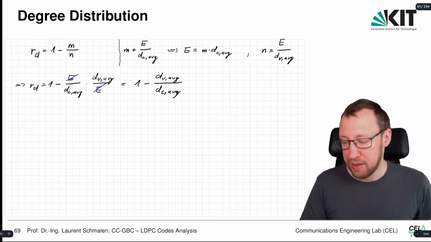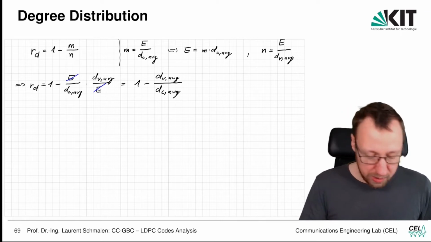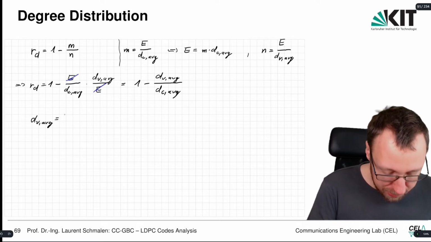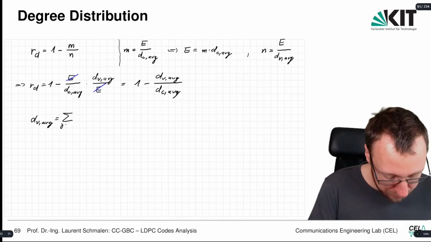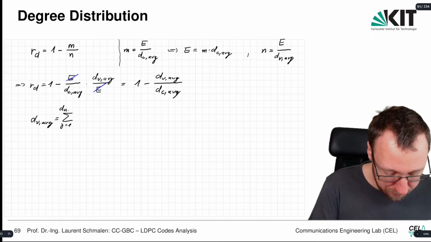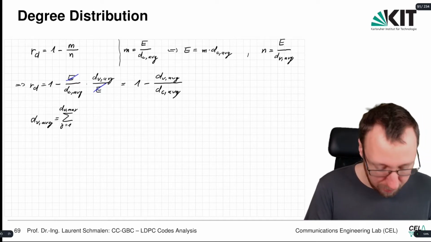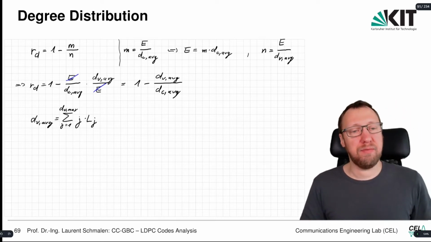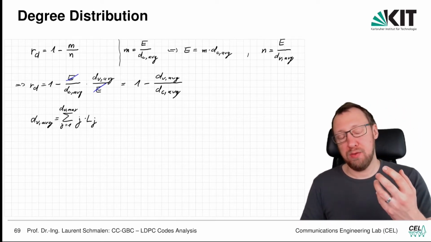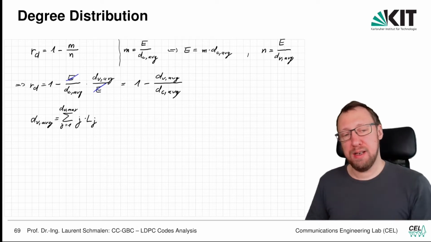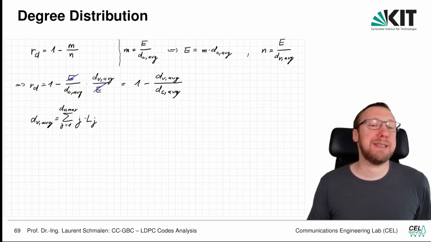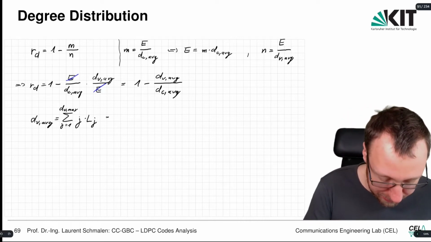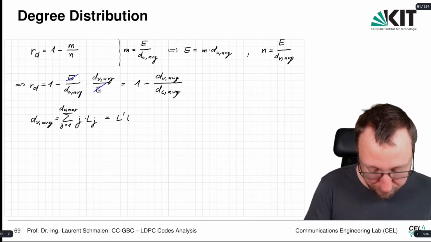That's how we get to this expression. So now we look at the average variable node degree, dv average. It's the sum from j equals 1 to the maximum variable node degree of j times lj. The fraction of variable nodes of a certain degree times the degree j. So it's essentially the expectation of L. And we see that this is equal to L prime of 1.